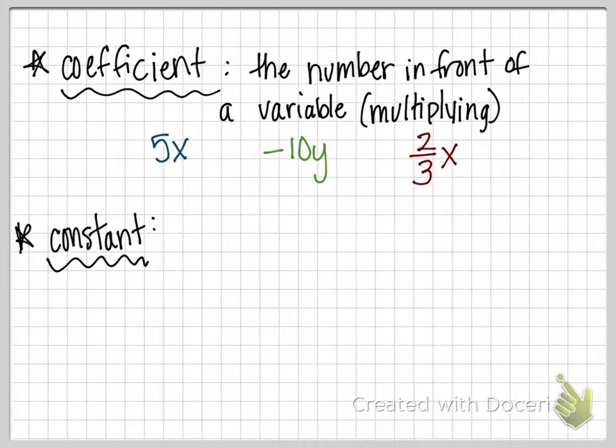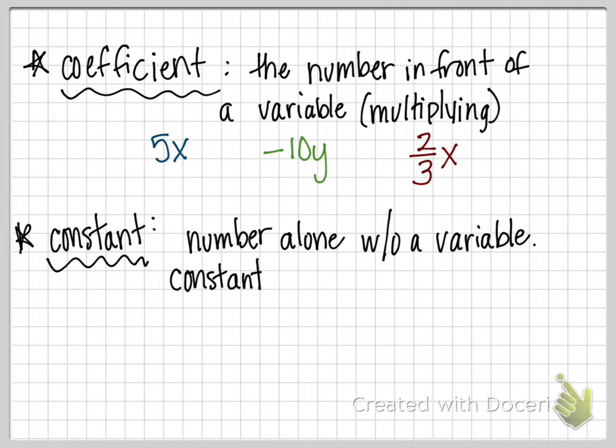Okay, and then like we said on the previous slide, a constant is what? What do we say a constant is? It's a number by itself. Yeah. A number by itself. You don't need to rewrite this if you have it, but I just want to make sure that we have everything very clear for ourselves. A constant is a number alone without a variable.